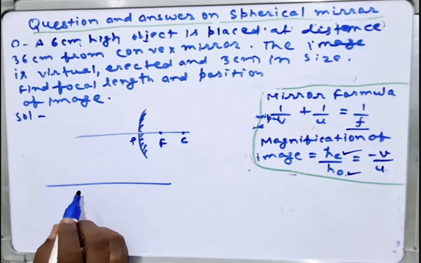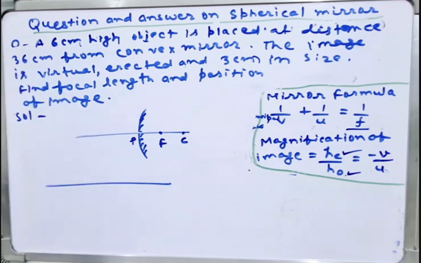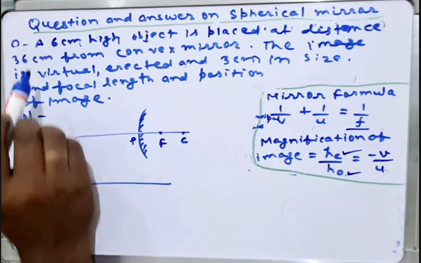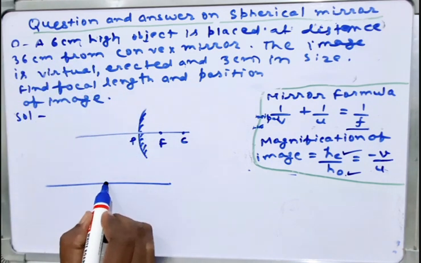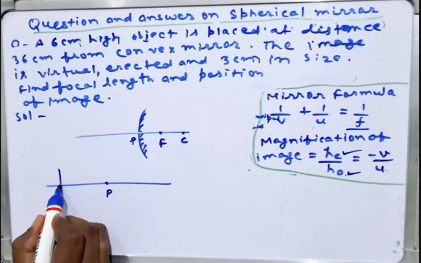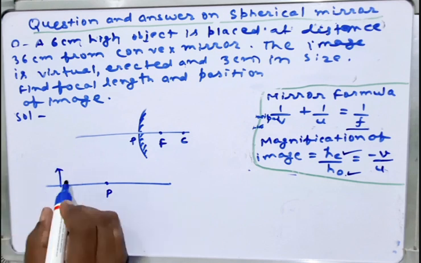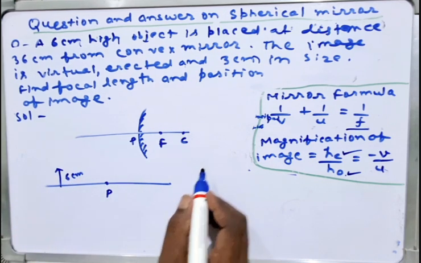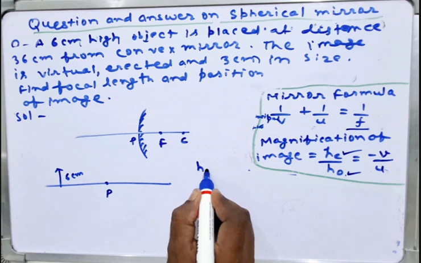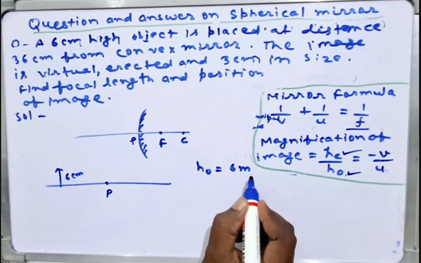So what information is given in the question? Object height is 6 centimeter. If this one is the pole, the object will be erect and its height will be 6 centimeter, so h0 is 6 centimeter.